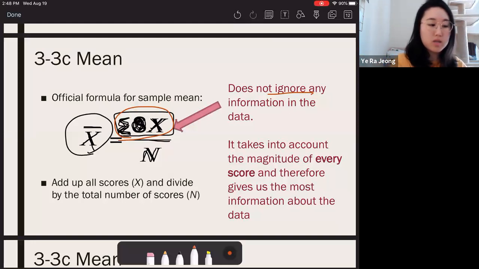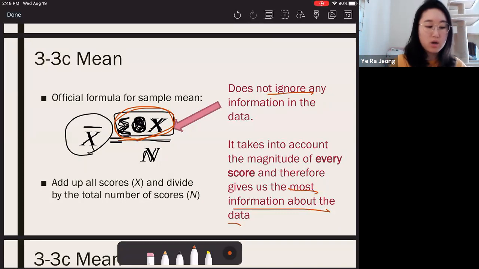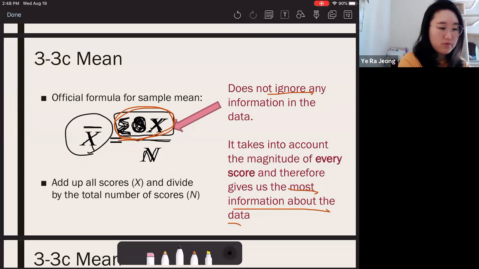But in mean, because all the scores are added up, all the scores are part of the information in calculating this central tendency. So it gives us the most information about the data because no scores are ignored. Again, average is the sum of all the raw scores divided by n.